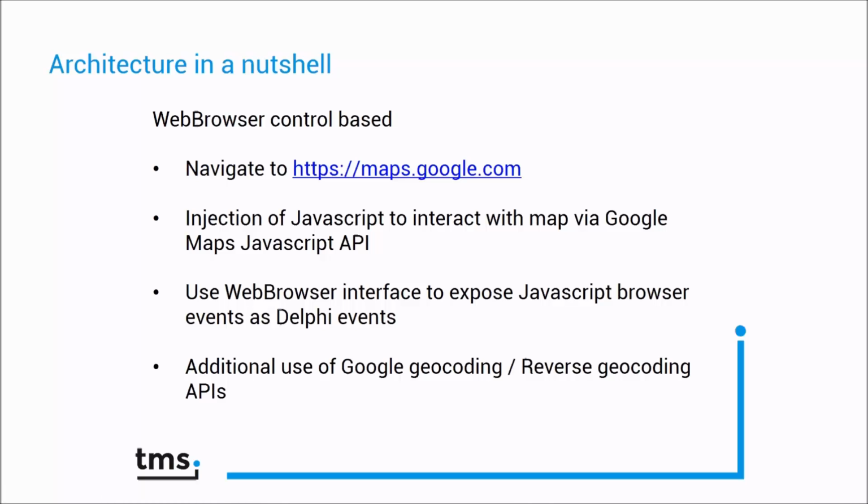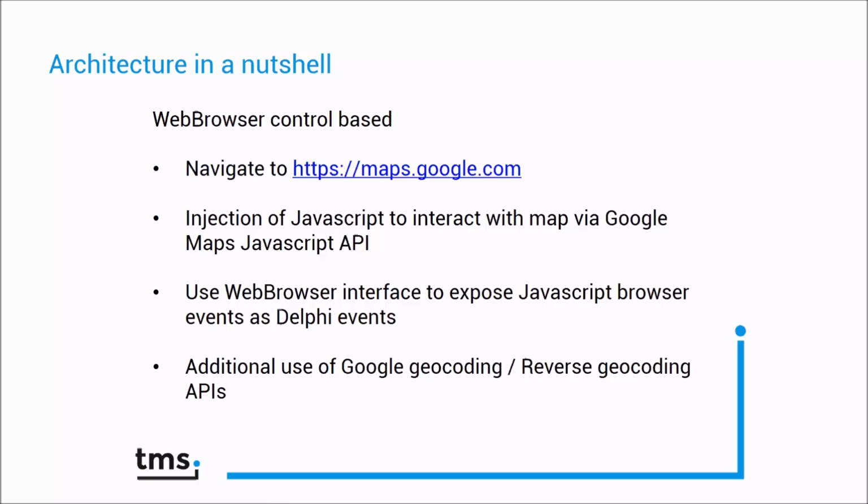Coming back to the Google Mapping controls, let's have a brief look at the architecture of this control. Our Google Maps control is all based on a web browser control, where we instruct this web browser to navigate to this URL, https maps.google.com.